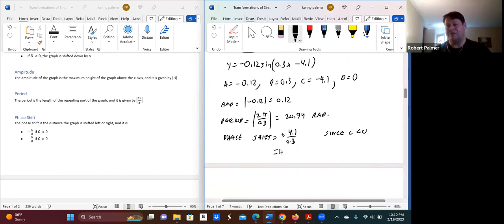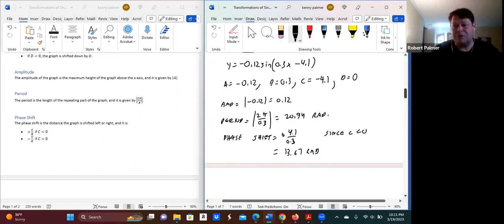Let's also find out what that is with the calculator. So 4.1 divided by 0.3, and this is going to be in radians as well, so 13.67 radians.